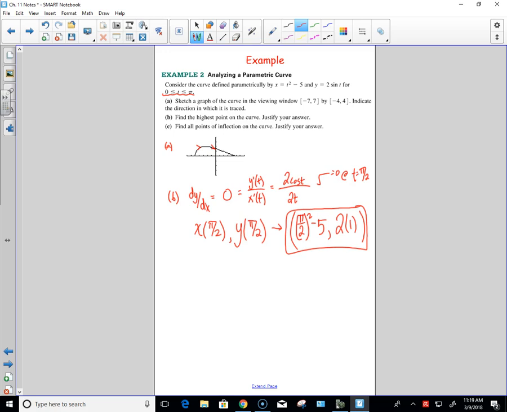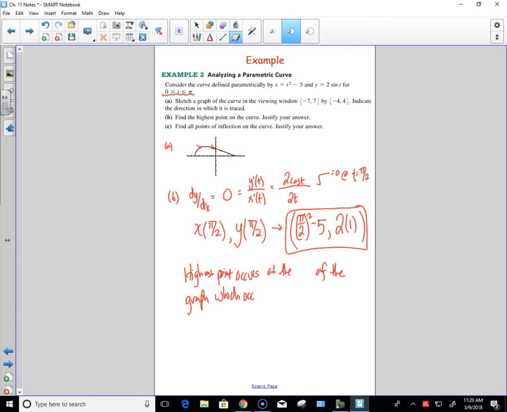Couldn't we say that the highest point is at the horizontal tangent line? Wow. That was a struggle, I know.